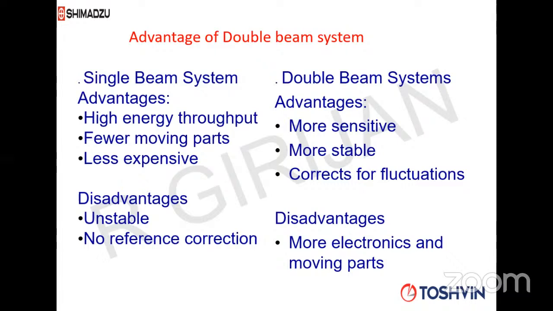So it gives a very stable baseline, and there won't be any fluctuations because of voltage variations. The disadvantage is that it is slightly more expensive than the single beam, with more electronics and more moving parts. But today, most customers prefer a double beam equipment.